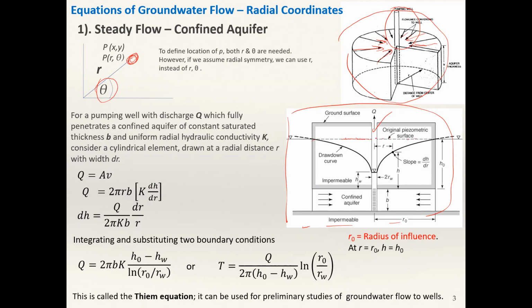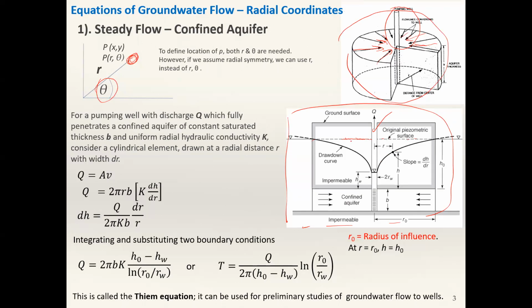It will start going down. That is what we call the drawdown, right? The drawdown will increase with time. And there will be a stage where the drawdown does not change anymore. At that time, we say the system has become steady.